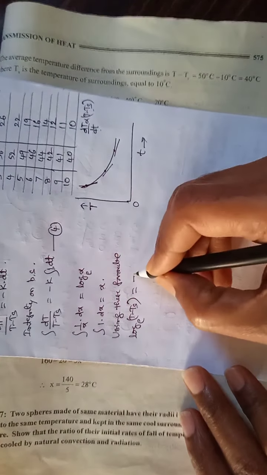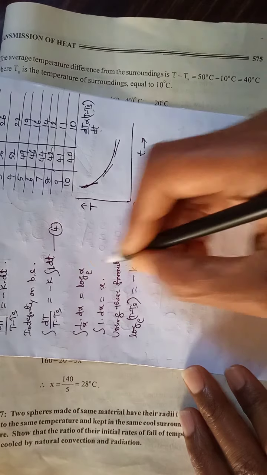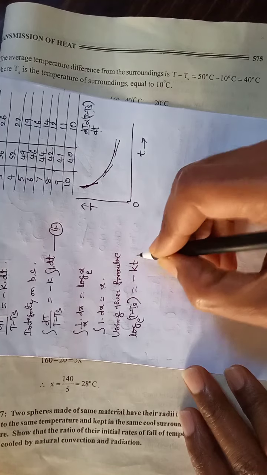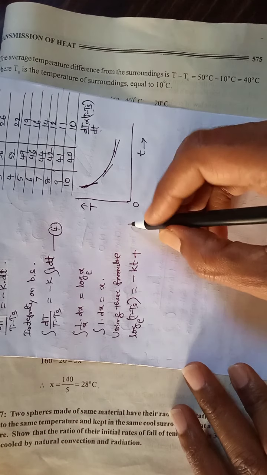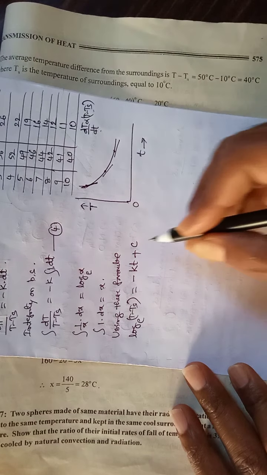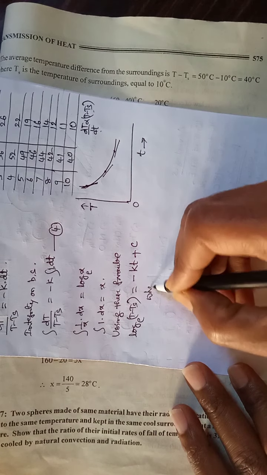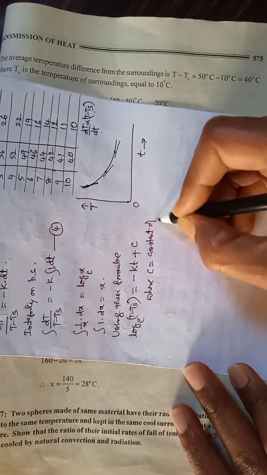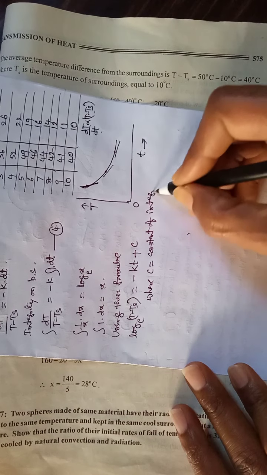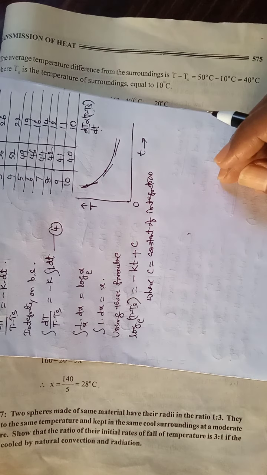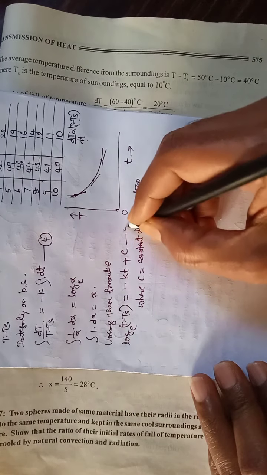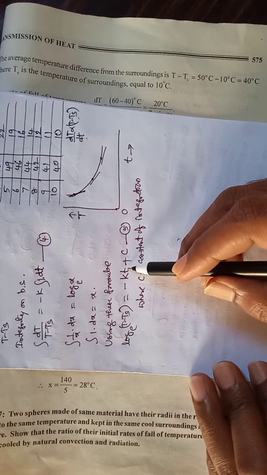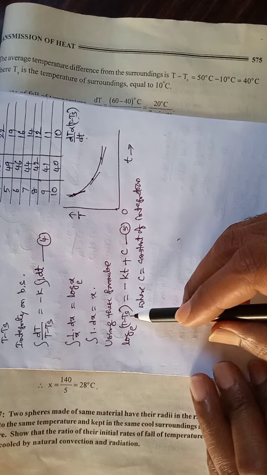Here the variable is t. So integrating 1 with respect to t we get t, plus a constant of integration, where c is called the constant of integration. Let this be equation 5.